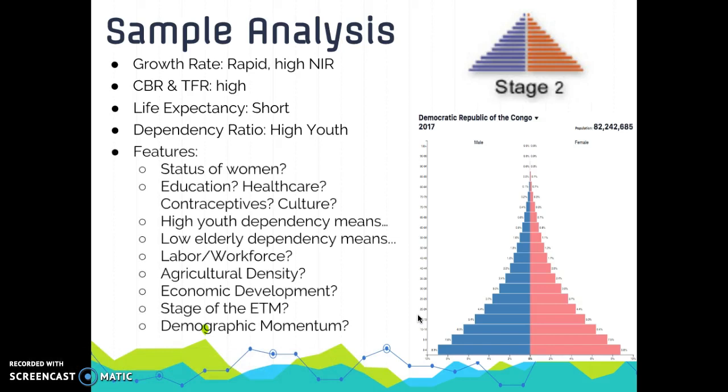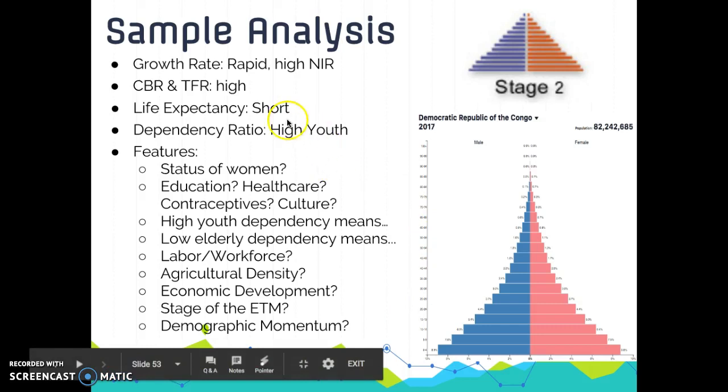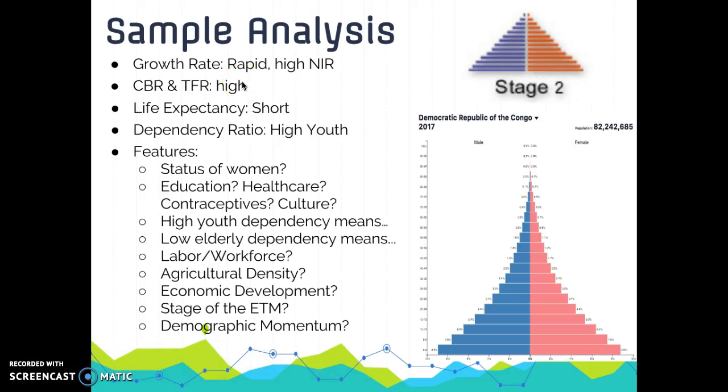Okay, so there are some other features that we're able to tell by looking at this. So since we know that life expectancy is short and crude birth rate is very high, we can kind of apply that this is stage 2 of the demographic transition model, right? So in stage 2, I know that the status of women is not very high, right?